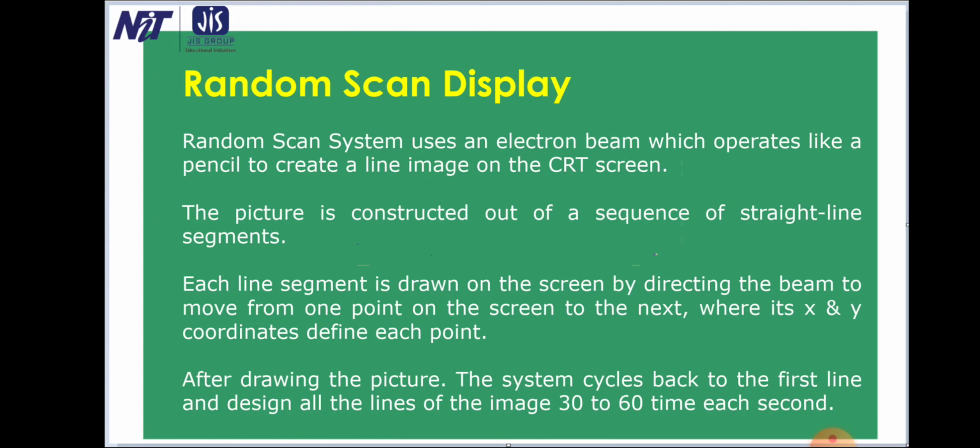Random scan monitors are also known as vector displays, stroke writing displays or calligraphic displays. The biggest disadvantage of the random scan monitor is that it cannot display realistic shaded scenes.